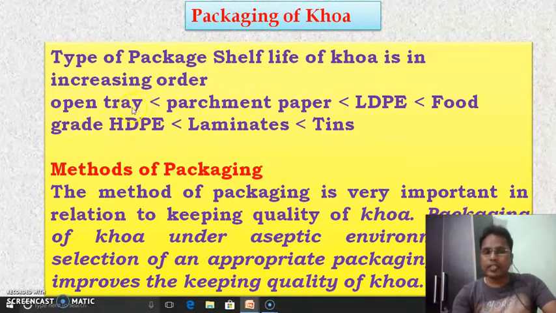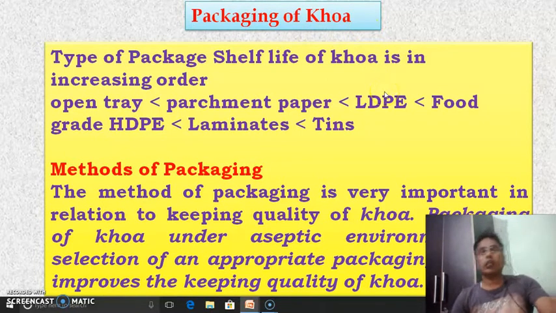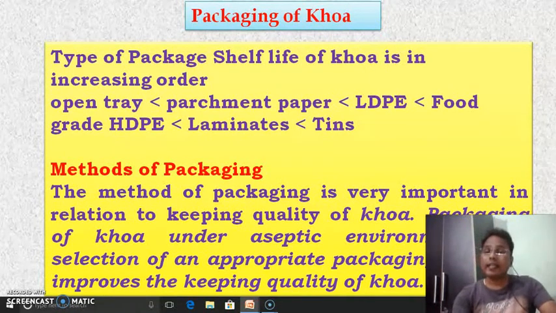When instead of using the open tray, if we use the parchment paper, then again the keeping quality of the Khoa will increase. But instead of parchment paper, if we use LDPE, that's low density polyethylene, then again the keeping quality of Khoa will be enhanced. Then again, if we use the food grade HDPE, high density polyethylene, then again the keeping quality of Khoa will be enhanced.